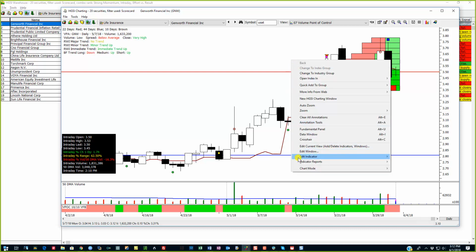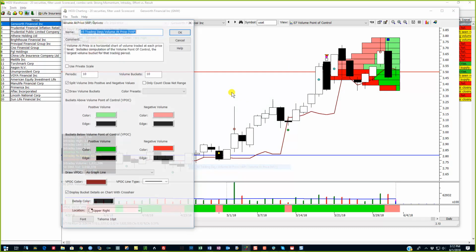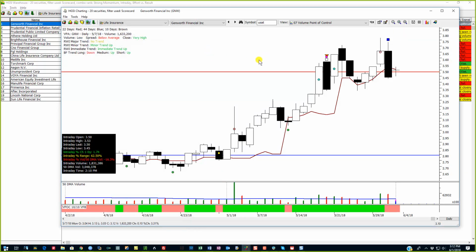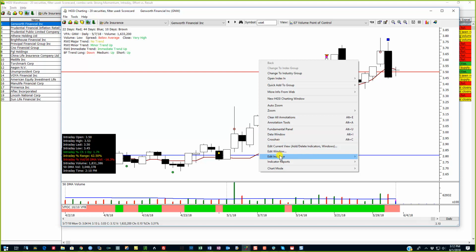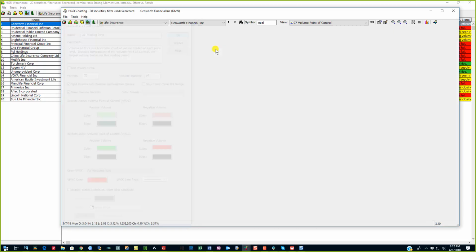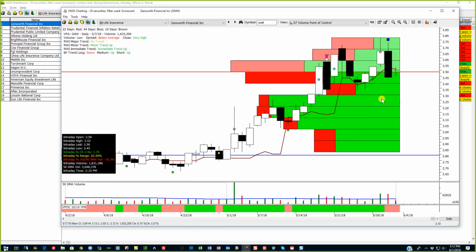But when I go back to the 22-day, we're going to get a different picture. And all of this volume down here, where the support and resistance is right here, the consolidation, is the volume point of control over these 22 days.